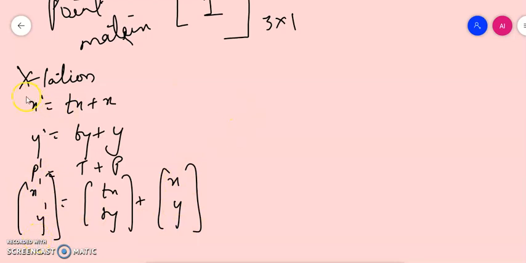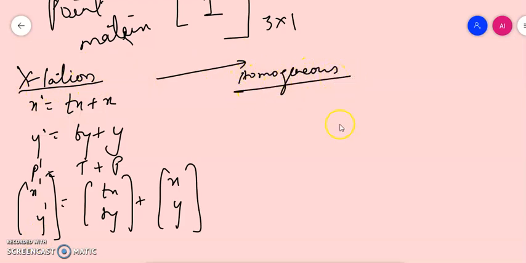Now we see how I write it with homogeneous coordinates. My formula remains the same, P dash is equal to T, but now my operation, addition, changes to multiplication. So it is T multiplied by P, as we are doing all the operations as multiplication.